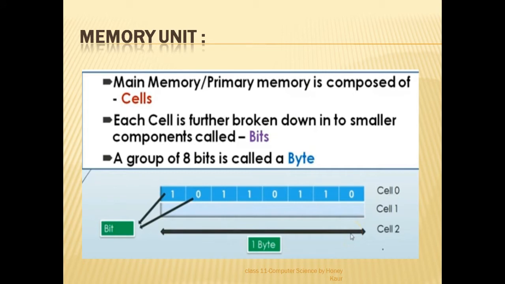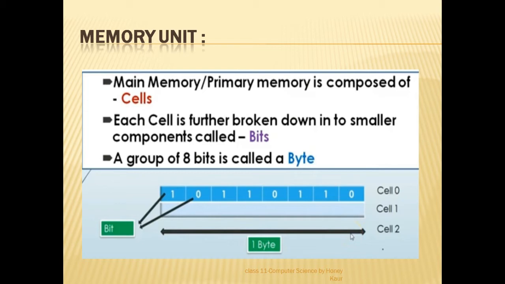Coming to memory units, memory can be measured in the form of bits, or you can say bytes. Bit is the elementary unit of memory, and a group of 8 bits is called a byte. Bit means 0 and 1, because the computer system understands only binary language, that is 0 and 1.